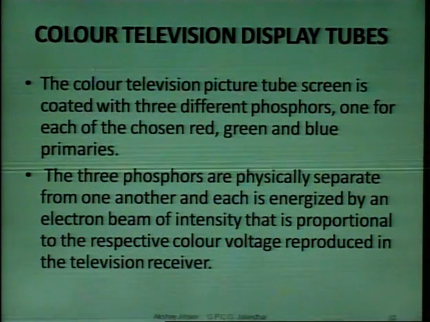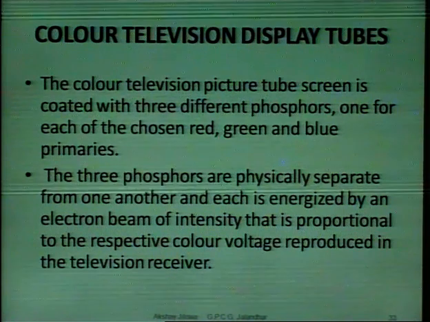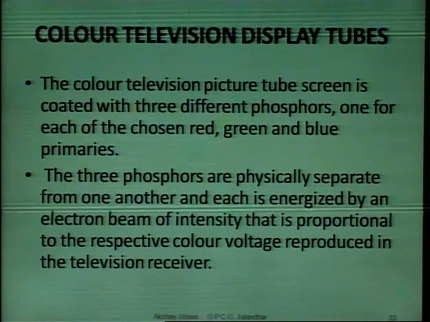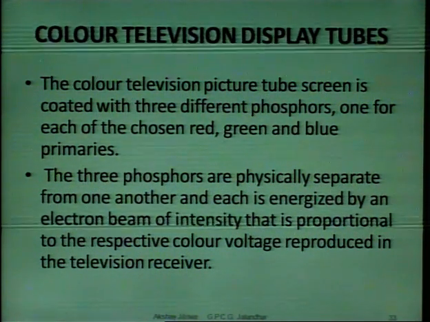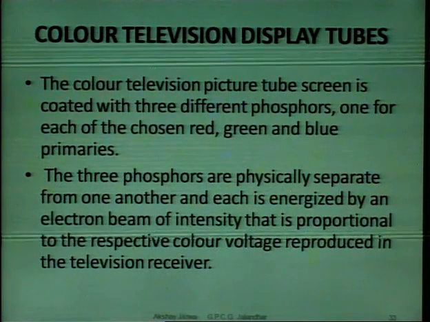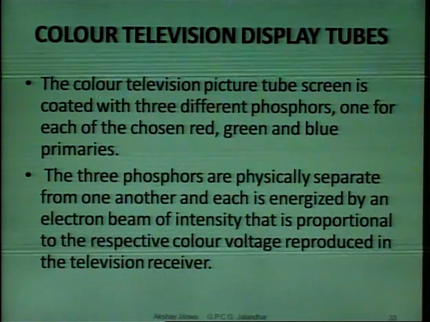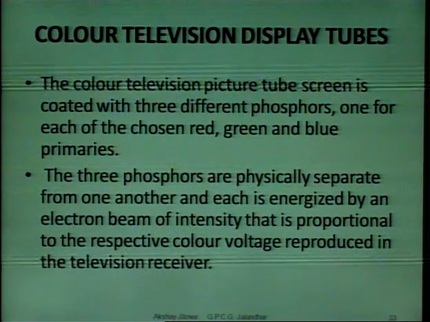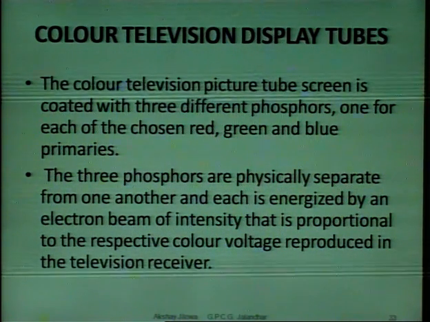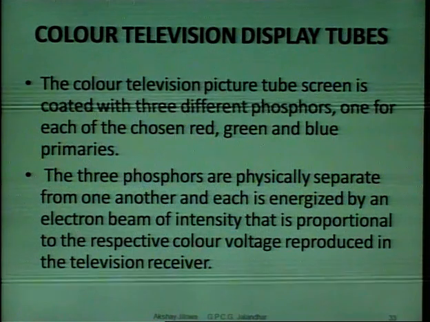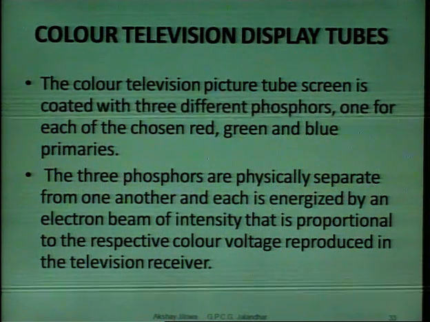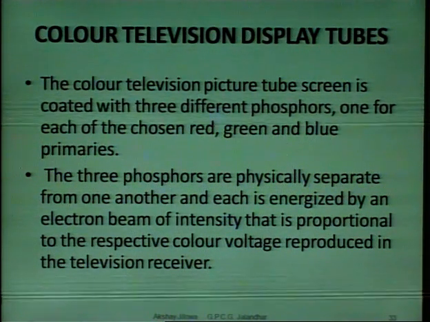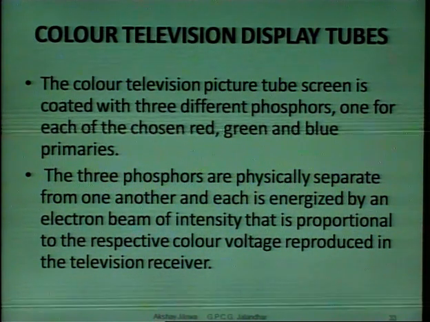Now, we will discuss the color display tubes. The color television picture tube screen is coated with 3 different phosphors, one for each of the chosen red, green and blue primaries. The 3 phosphors are physically separate from one another, and each is energized by an electron beam of intensity that is proportional to the respective color voltage reproduced in the television receiver.